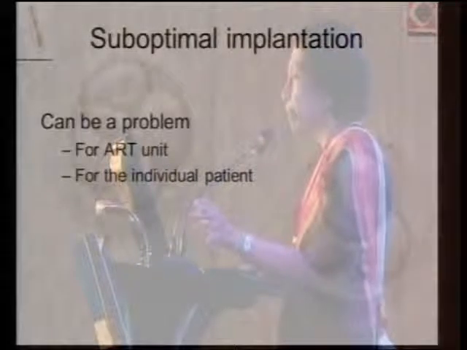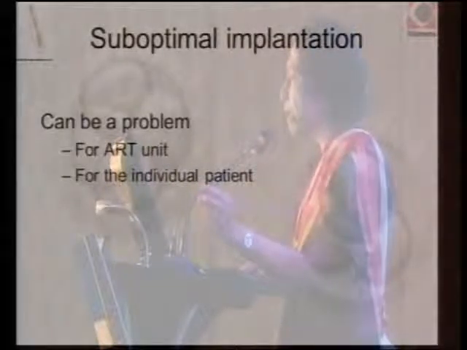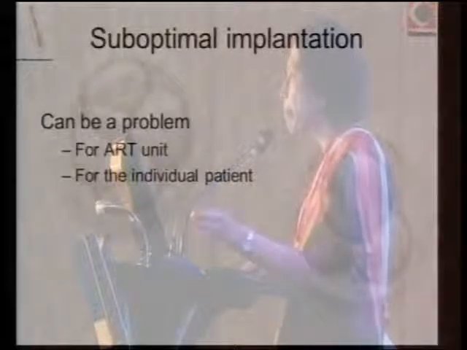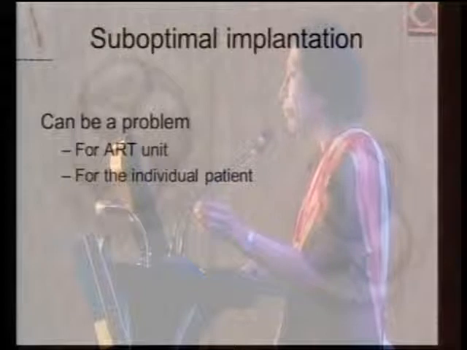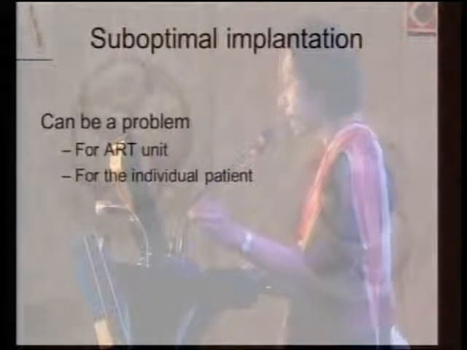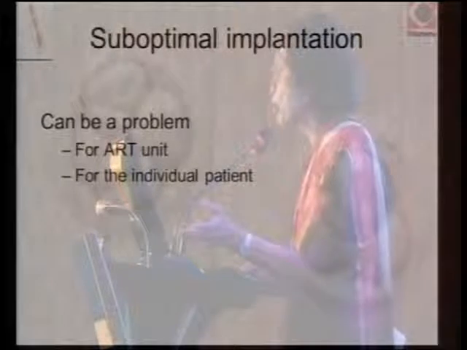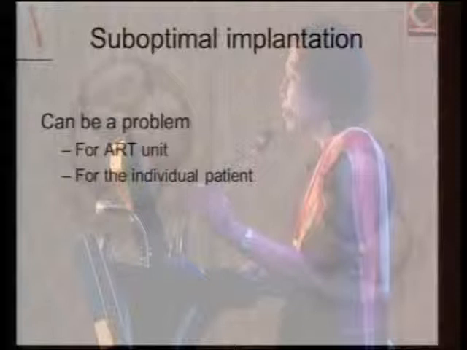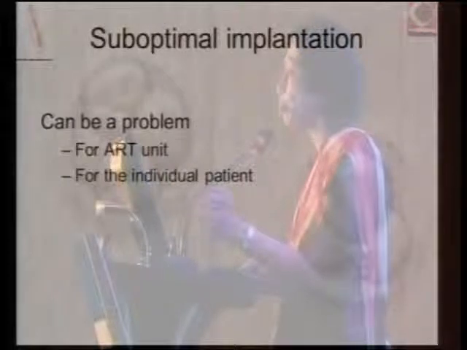Suboptimal implantation, where you put an embryo back and the embryo does not get implanted, can be a problem. It can become a problem for the ART unit itself. If you are running a unit and less than 20% of your embryos implant, it's a problem for the unit. So every unit should actually calculate what their implantation rate is.